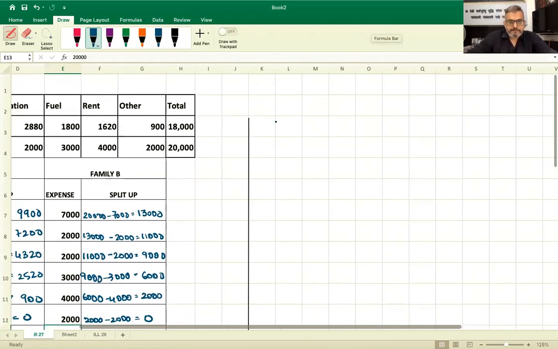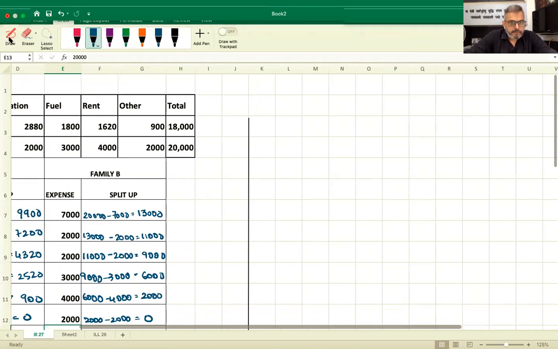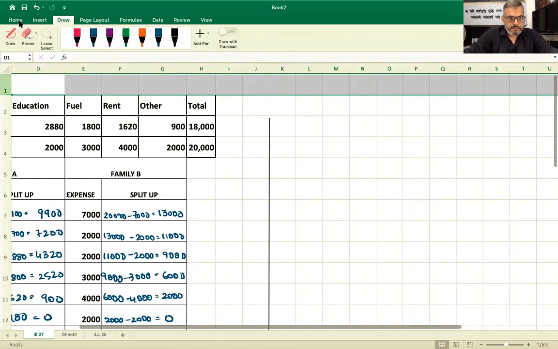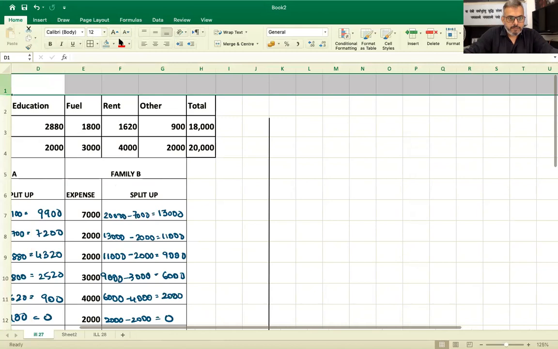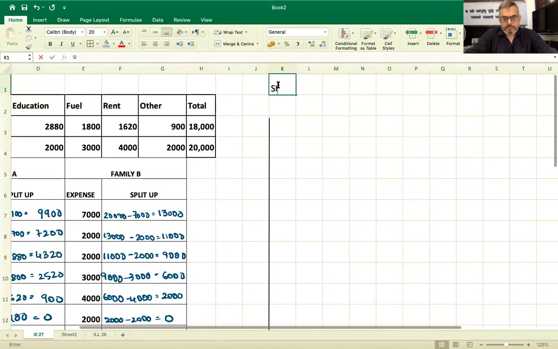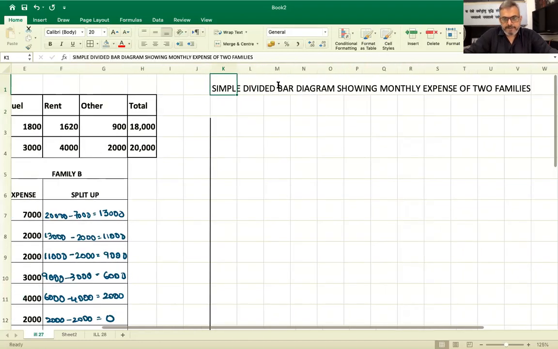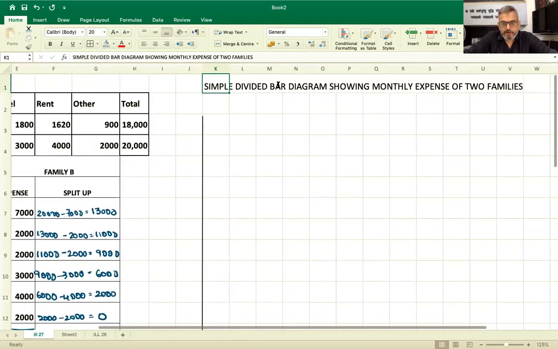So we write the heading: Simple divided bar diagram showing monthly expense of two families.